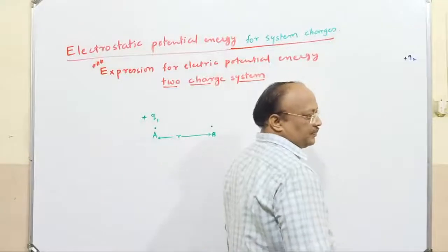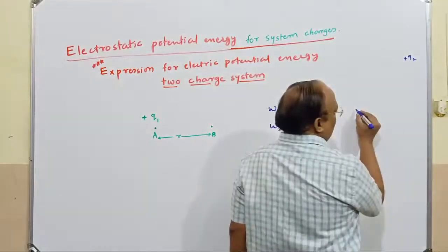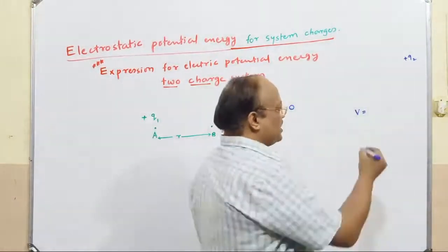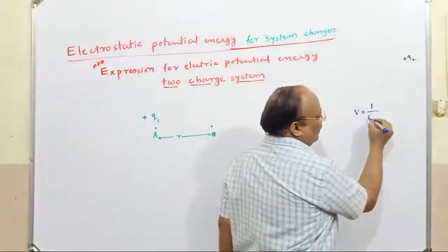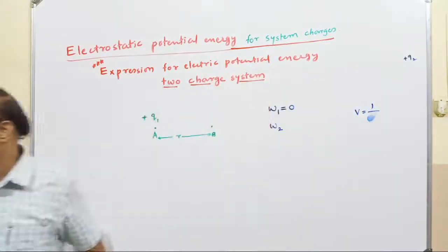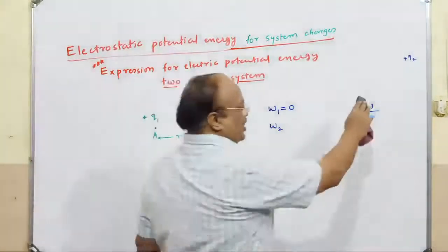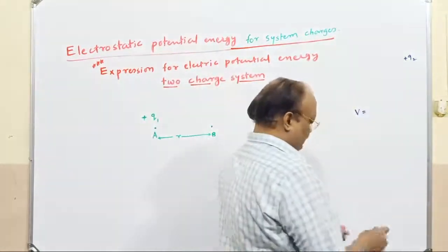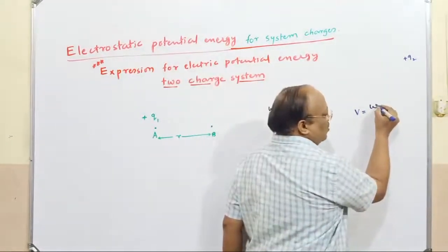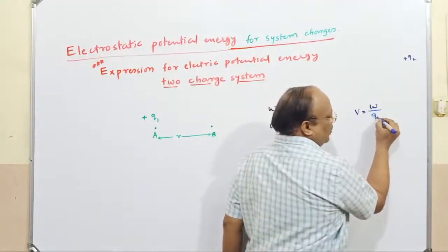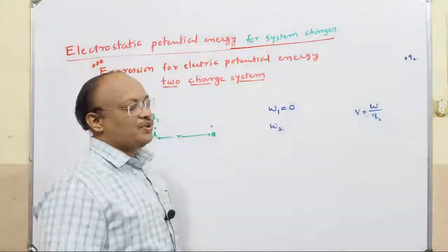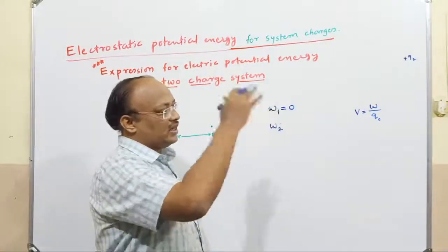Work. So already we know electric potential is equal to 1 by 4 pi epsilon naught. In fact, from the basic definition, electric potential is equal to W by Q naught, where Q naught is the test charge.